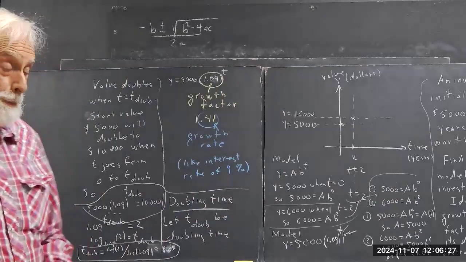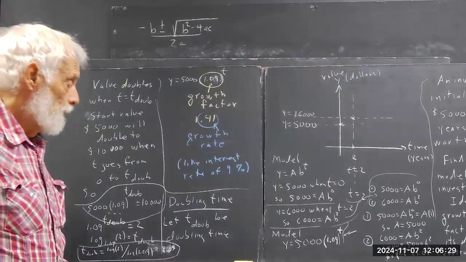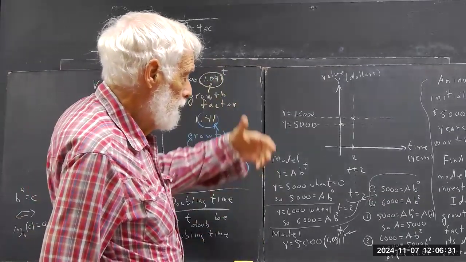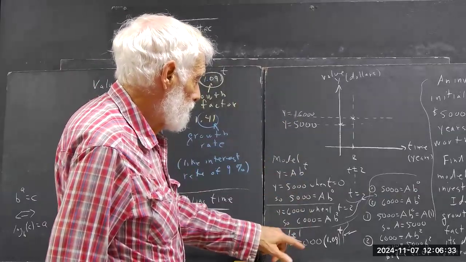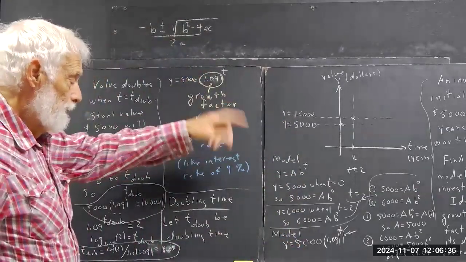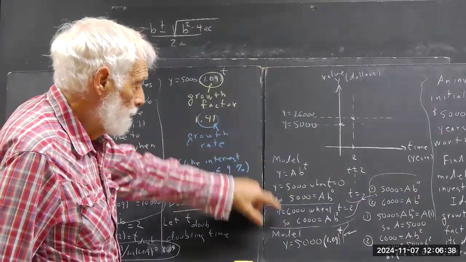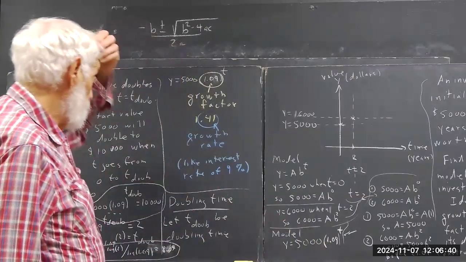That's not generally going to be the case. Okay. Well, then you take your values of A and B and plug them into your model and write them into your general form, and there you've got your specific model.